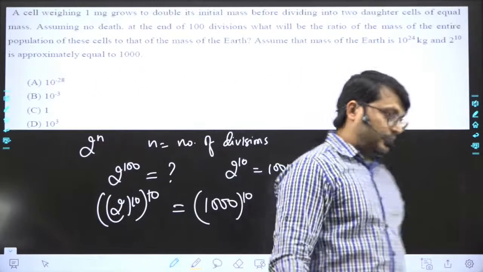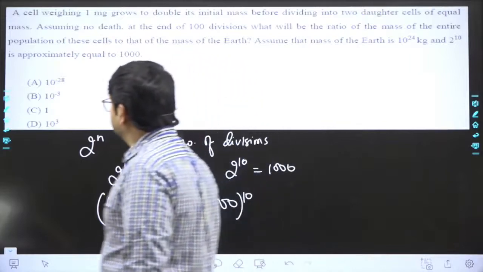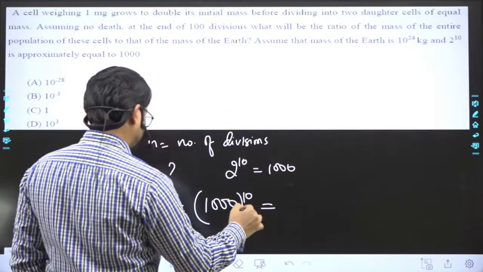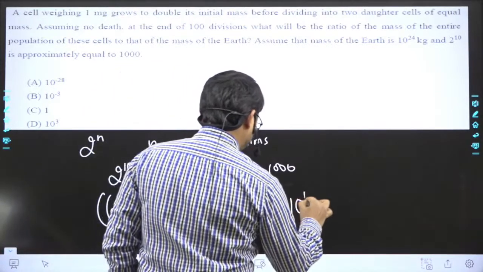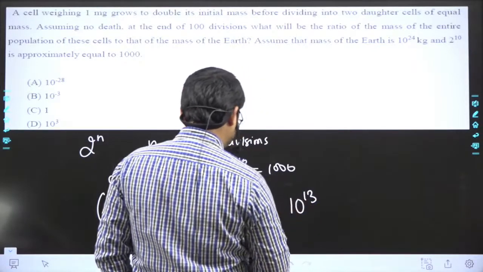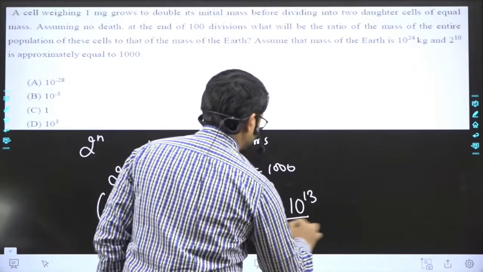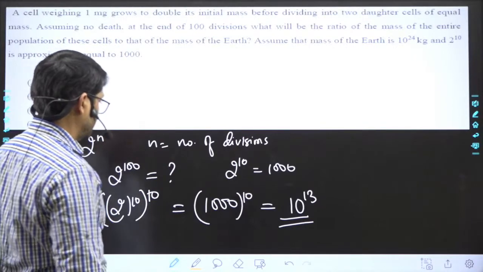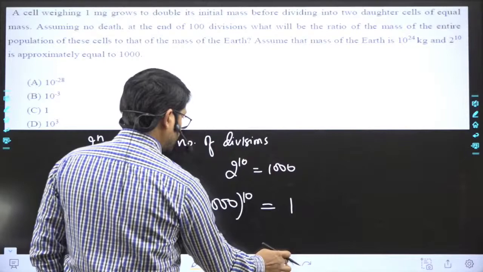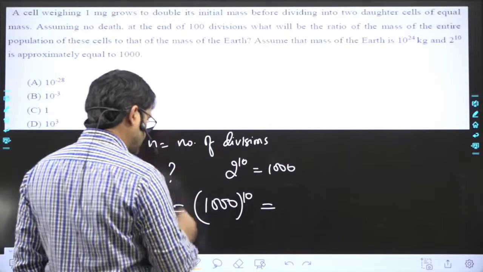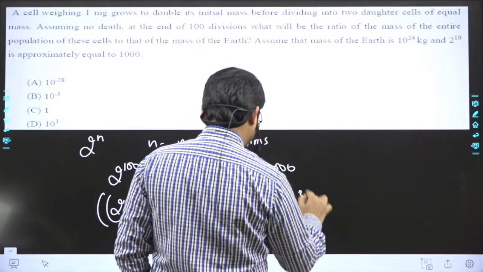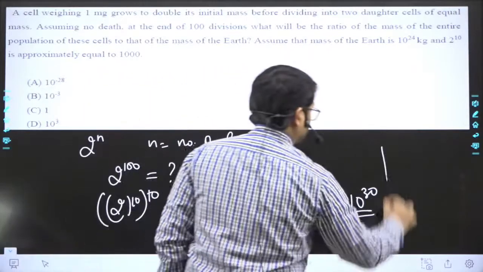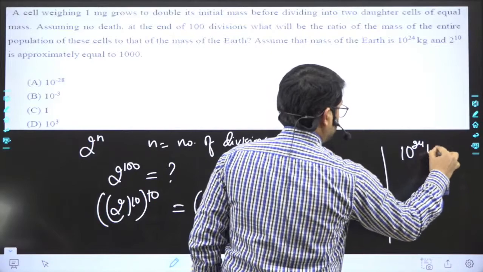Now you can take the ratios as well. So this will be 10 to power 30, correct. हमारा है क्या दिया हुआ? 10 to power 24 kg.